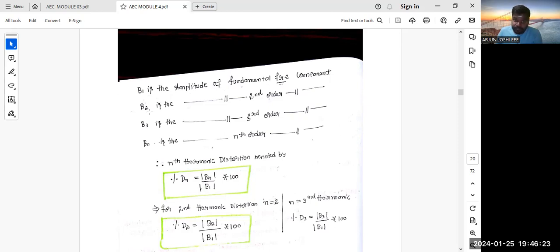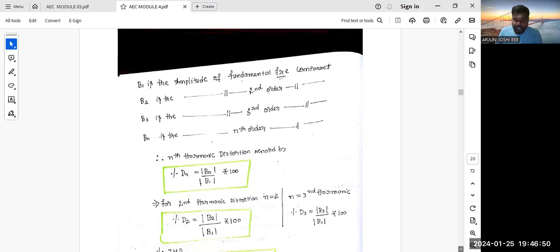Then B3 is the amplitude of the third order frequency component. Then Bn is the amplitude of the nth order frequency component. Fundamental is different; fundamental is the very basic. B2 is second order, B3 is third order, and up to Bn we can calculate the nth order.